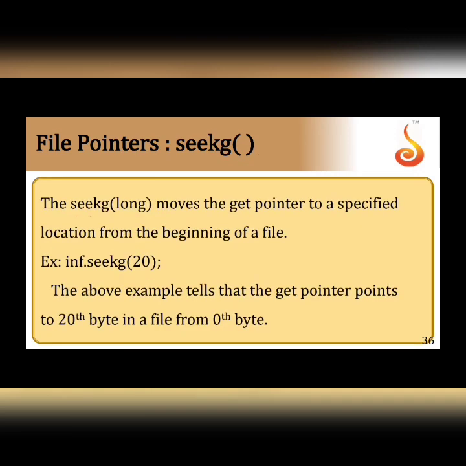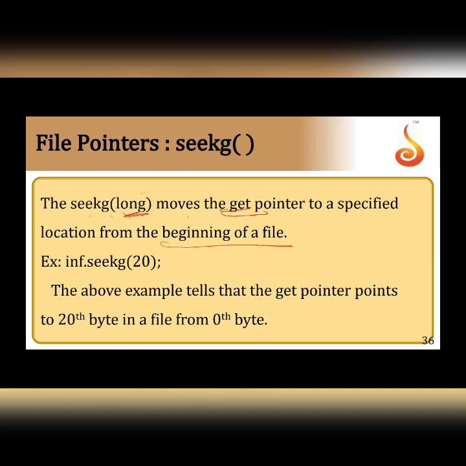See, the seekg(long), where the argument is an integer, moves the current get pointer, that is for reading, to a specified location from the beginning of the file. That is what I said. You cannot specify that from the current location or from the end, only from the beginning.